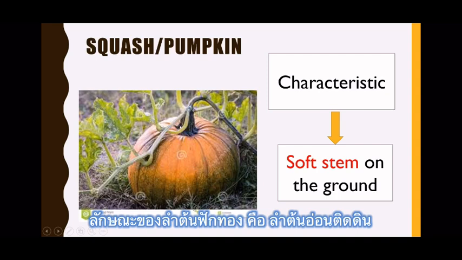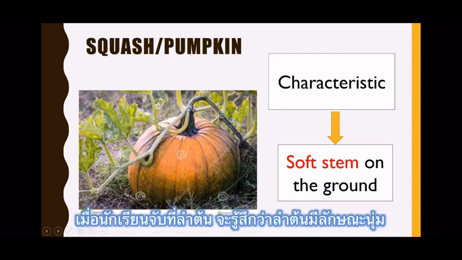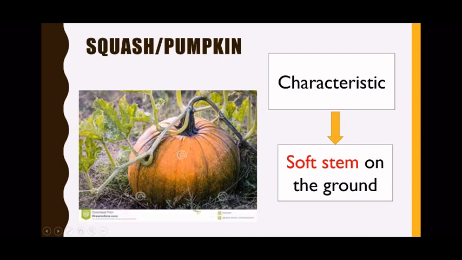The stem of this plant is on the ground, as you can see, and if you touch the stem, it is soft. That is why the stem of the squash is called soft stem.